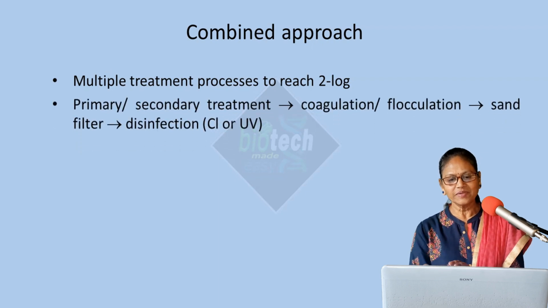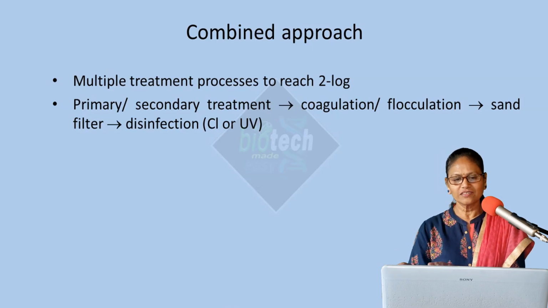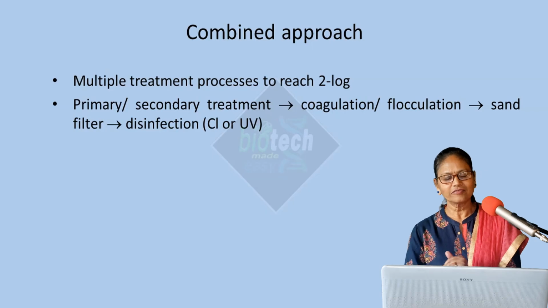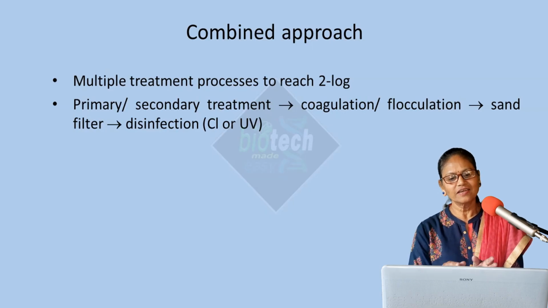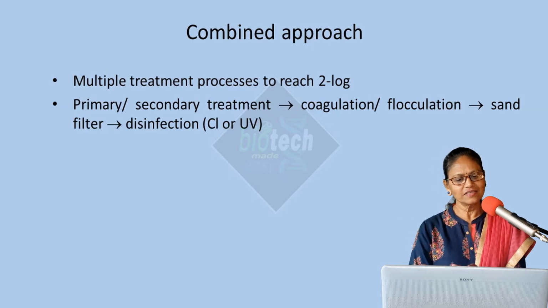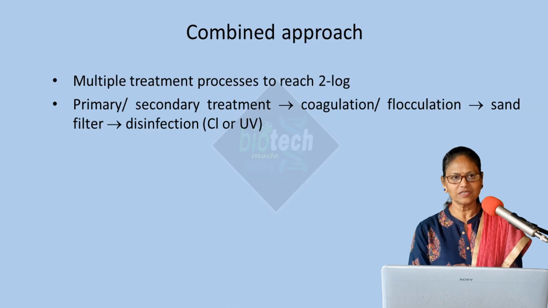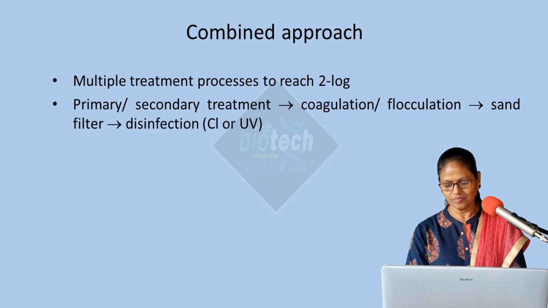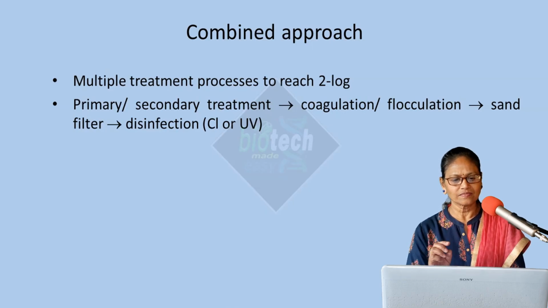Primary and secondary treatment is given first, and after that coagulation, flocculation, sedimentation are done. Then filtration is done, and at the end disinfection is done, which can be done by radiation or by chlorination.